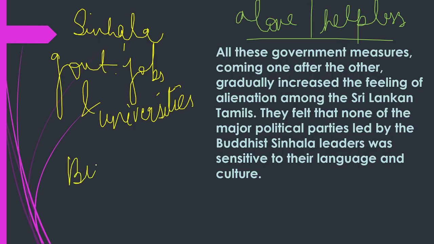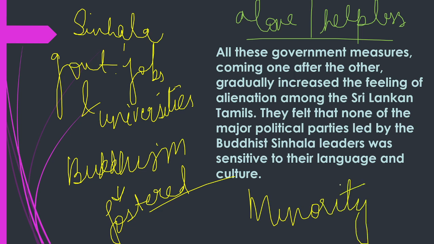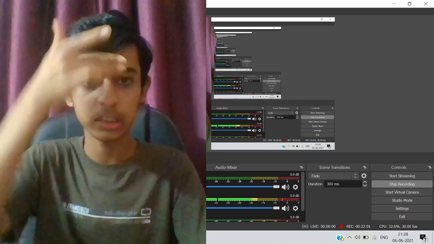Buddhism was promoted and fostered, and the constitution did not talk about Hinduism and Islam at all. So in such a case, don't you think that the minority would feel alienated? They would feel very bad. Even if you imagine yourself in place of the Tamil people, you would feel very bad. Now let me change my orientation. All right.